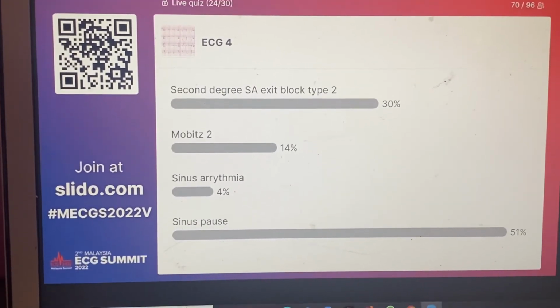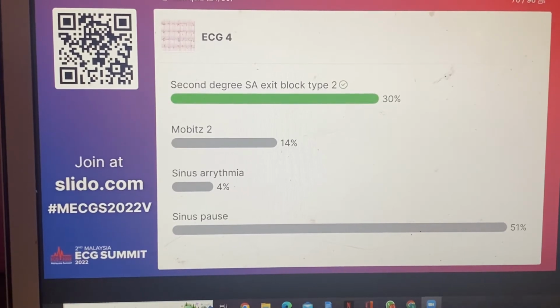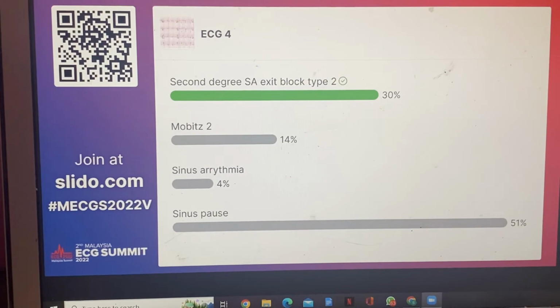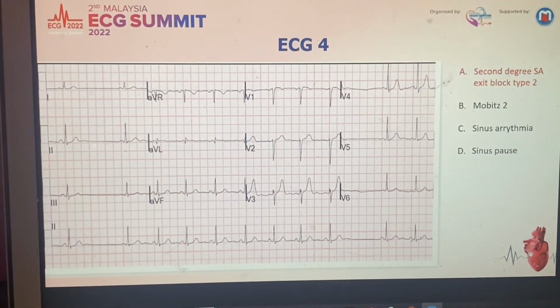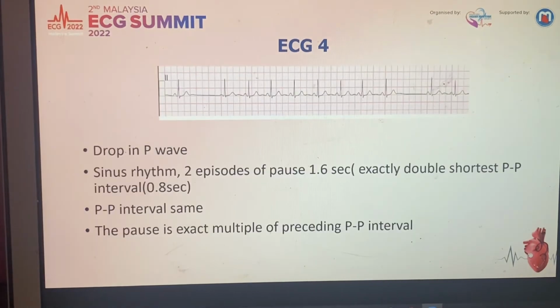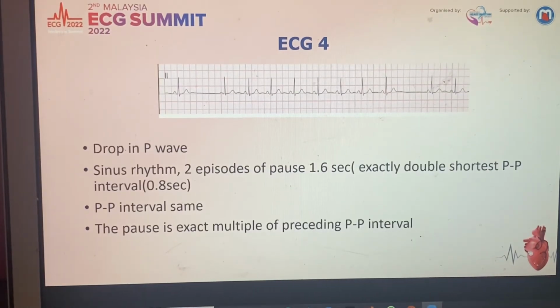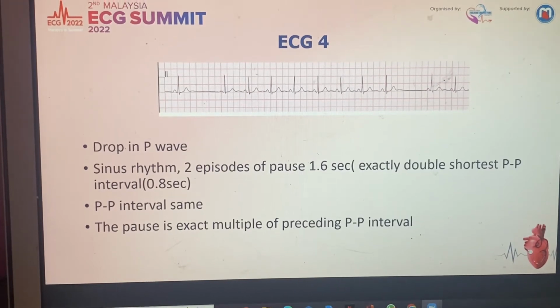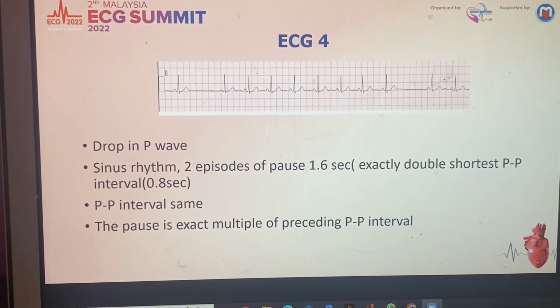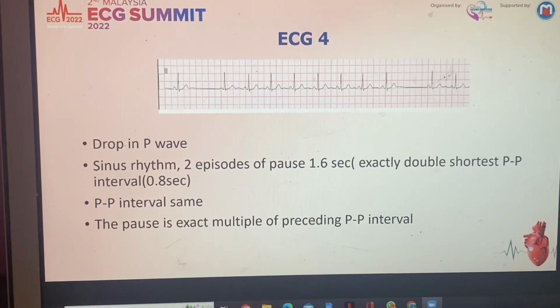Now we go back to the correct answer, which will be second degree SA exit block, type 2. Now we focus only on lead 2. This is very important.